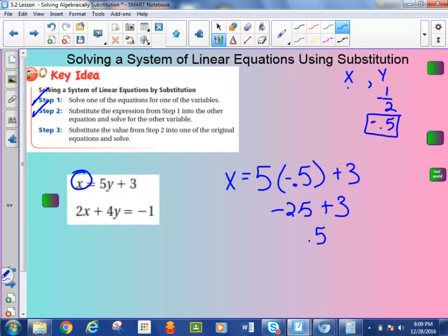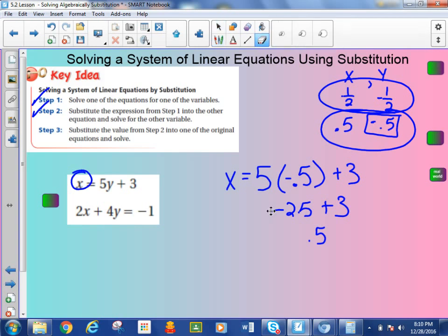So I found out that x is a positive 1/2 or a positive 0.5. Okay, so you could either write it out in fraction form or you could write it in decimal. But I know with slope, you guys are used to working fractions. Okay, so if you were to go through and actually graph this, you would see that they would intersect at a positive 1/2 and a negative 1/2 y.